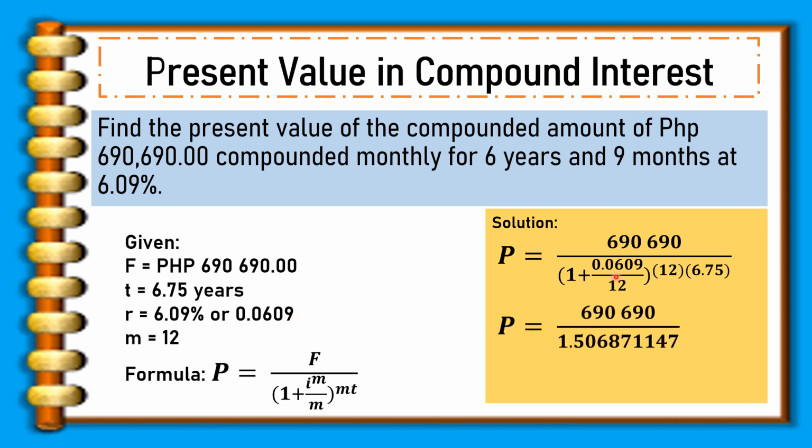And then 0.0609 over 12 plus 1 raised to 12 multiplied by 6.75 is 1.506871147, and 690,690 pesos divided by 1.506871147 is 458,360.3591. So the present value should be 458,360.3591.